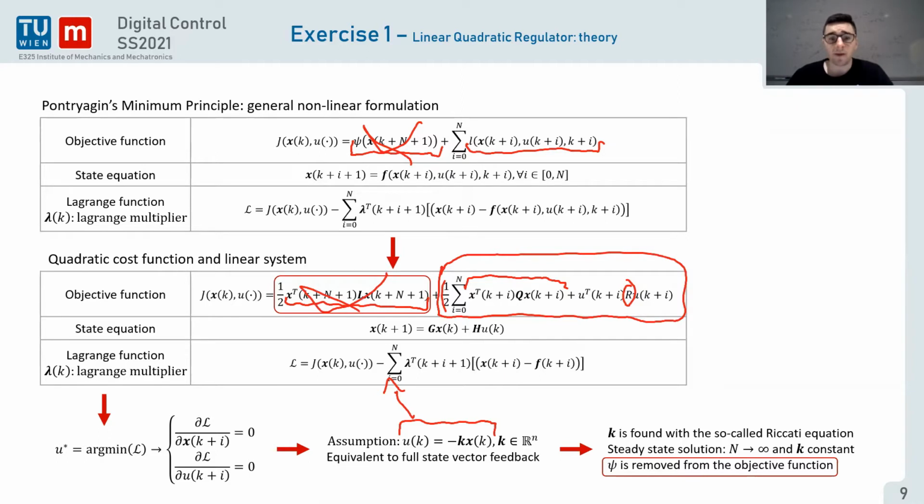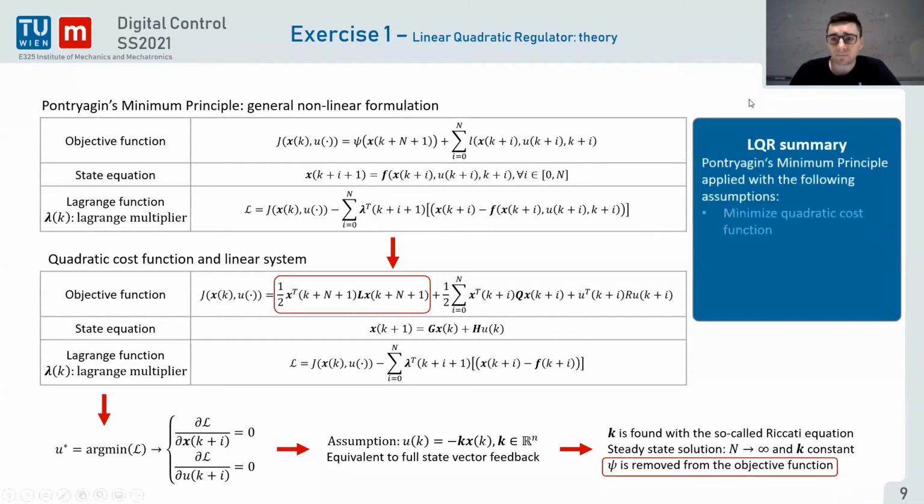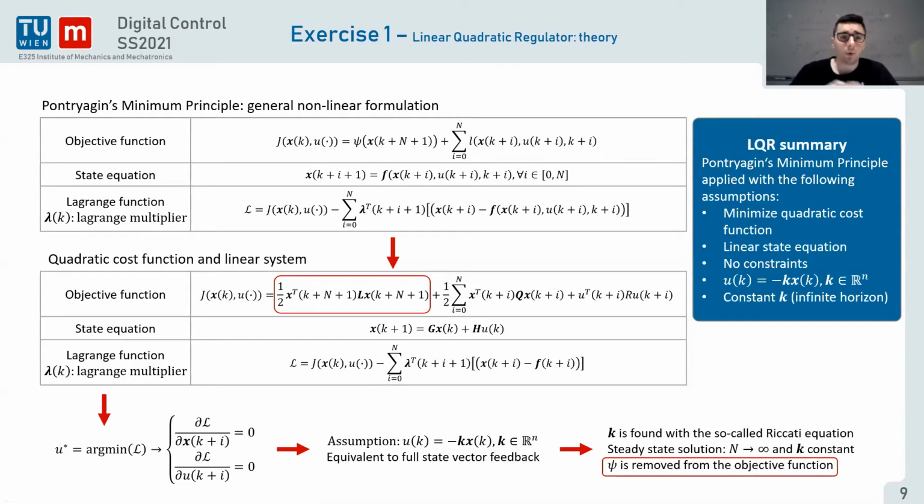And so this is what LQR is. Just to make a summary, and this is the only important point here, is to really understand the summary: LQR is based on Pontryagin's minimum principle, which is something wider with the costate and something quite complex indeed. First, we're going to simplify it because we minimize quadratic cost functions.